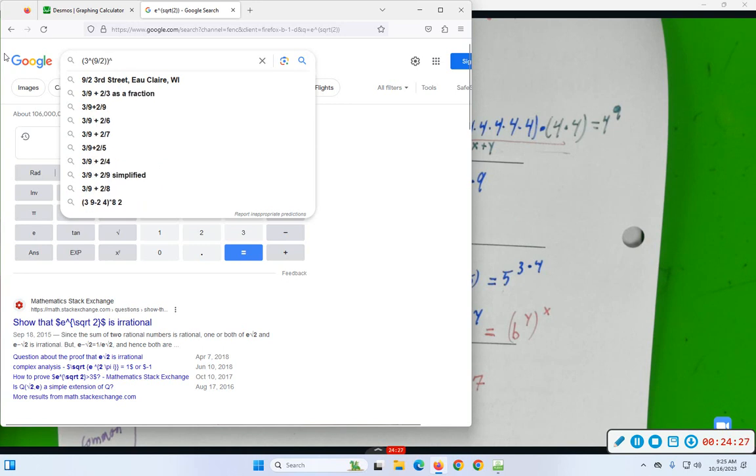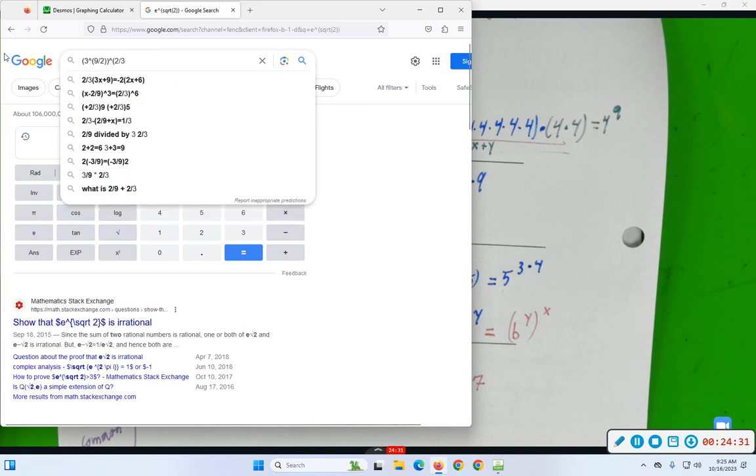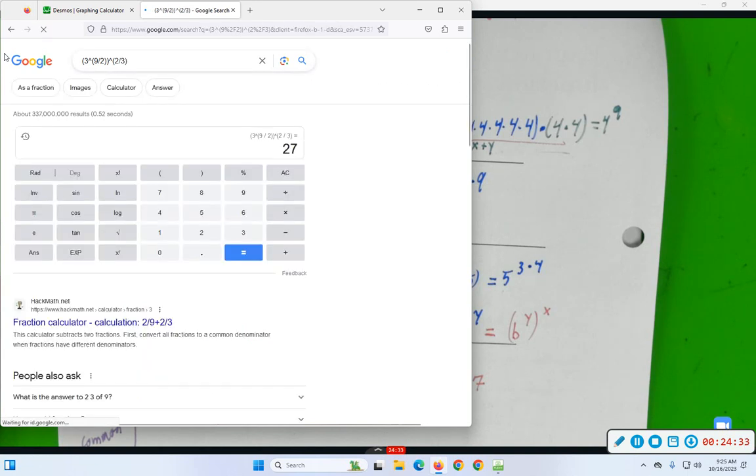And now I need to raise that to the 2/3. And those parentheses that I put there, those do matter, right? You really want to start by doing 9 divided by 2, then raise 3 to that power, then do 2/3, then raise whatever the first thing is to that. And indeed, it looks like 27.